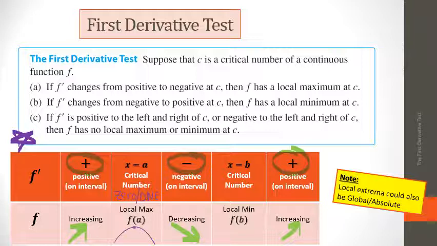So right in the middle is a max. Likewise, on the second critical number, you're going down and then up. So that's why you have a local min. So hopefully this chart can help you. And also note over here, local extrema could also be global or absolute extrema. So because it's local doesn't mean it's not also the largest one overall.